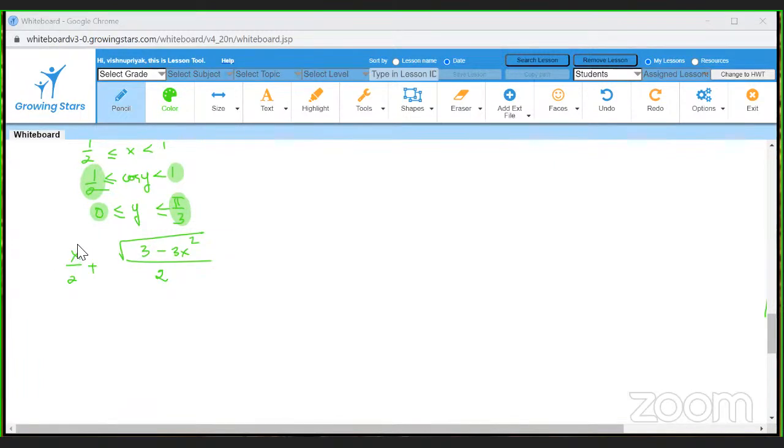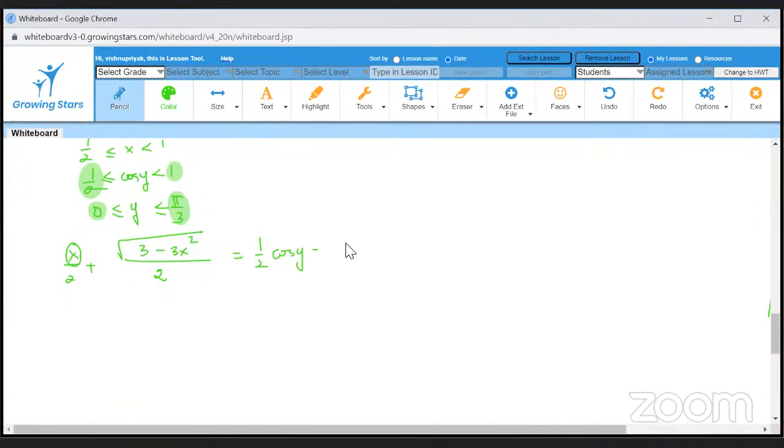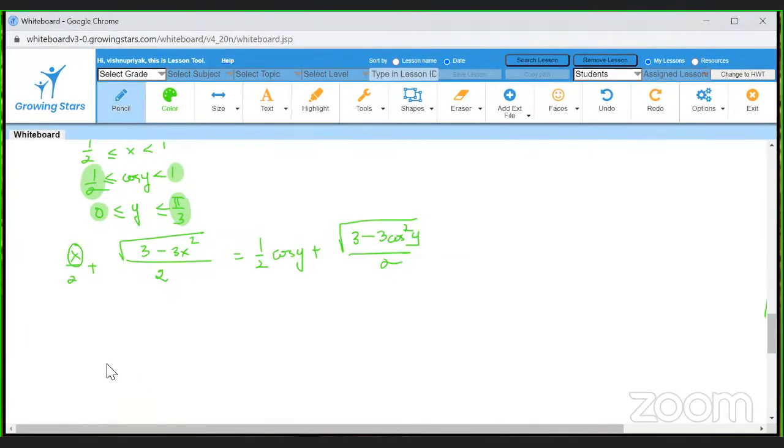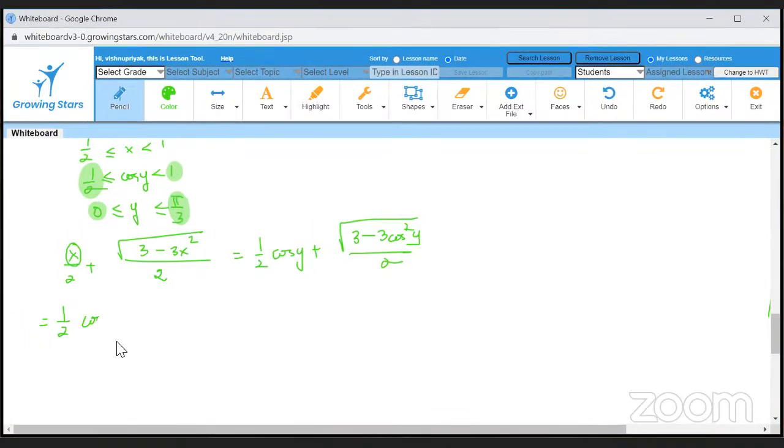You can write x as cos y. So 1 by 2 into cos y plus square root of 3 minus 3 x square, you can write as cos square y, by 2. Which will be same as 1 by 2 cos y plus, you can take 3 common, 1 minus cos square y by 2. So 1 by 2 cos y plus root 3 sin square y by 2.